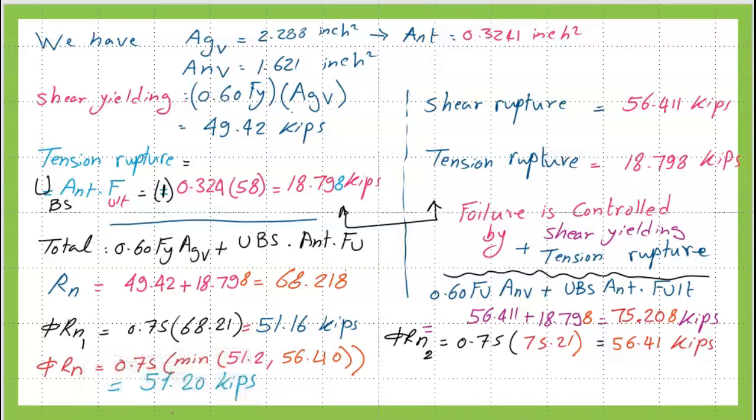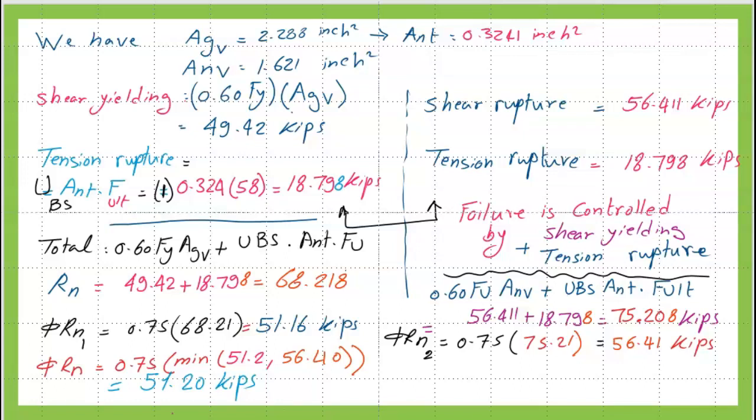The second case is the case of shear rupture and tension rupture. Please refer to the right side of the slide. For that case, the shear stress is equal to 0.6 by F ultimate, while the tension stress is F ultimate acting on the net area of tension A sub NT.